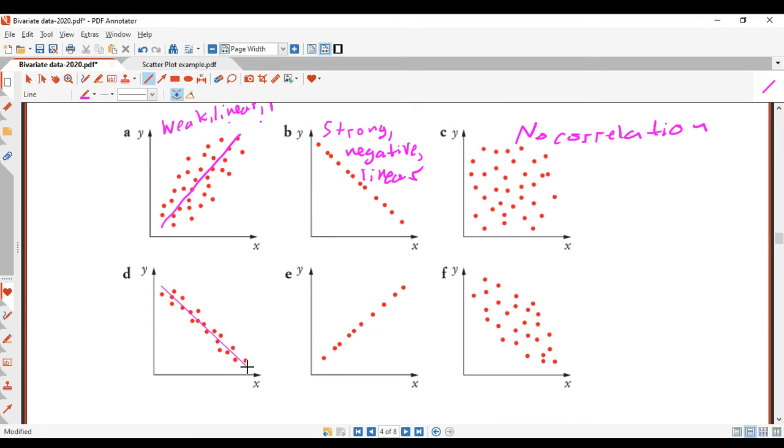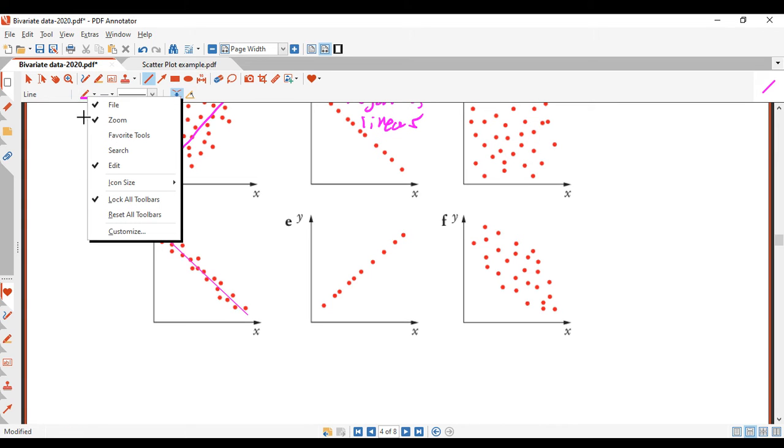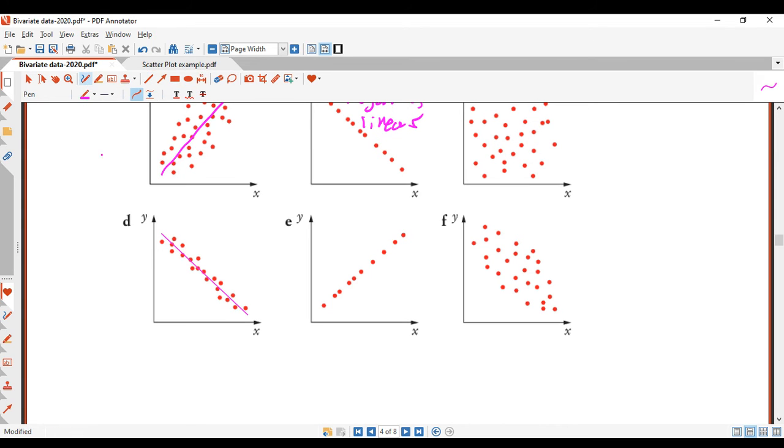All those points lie pretty close to the line. And because they lie quite close to the line, I'm going to say that those points are strong. So strong correlation, linear, and negative.